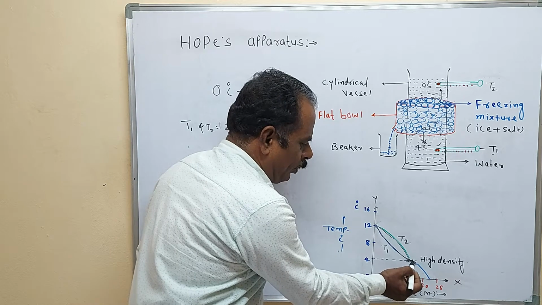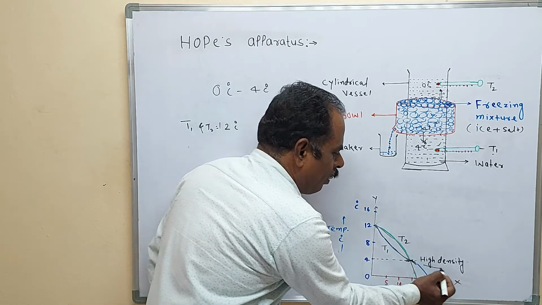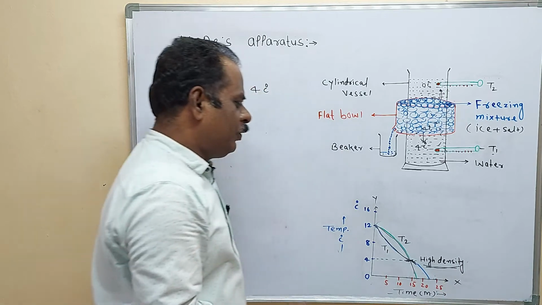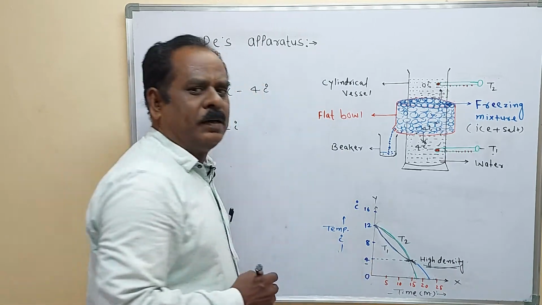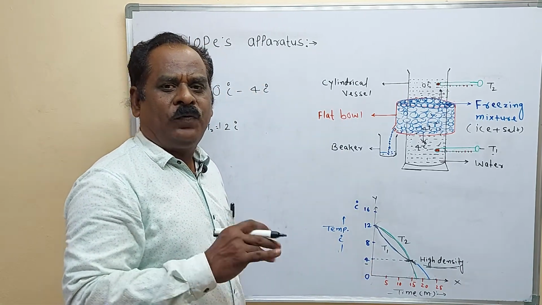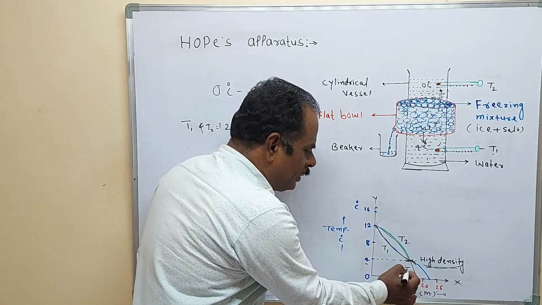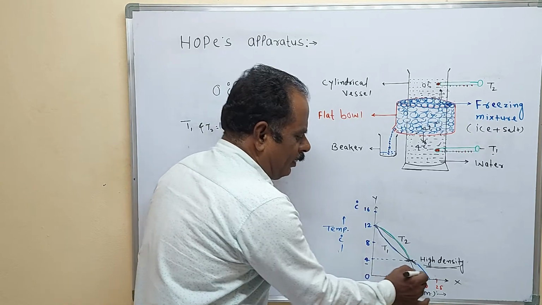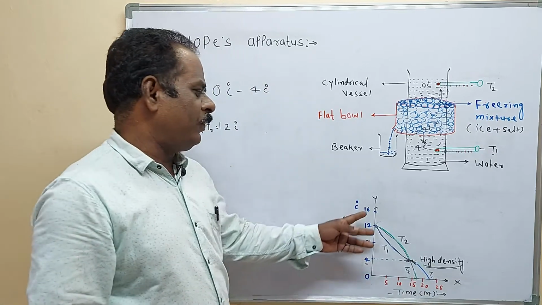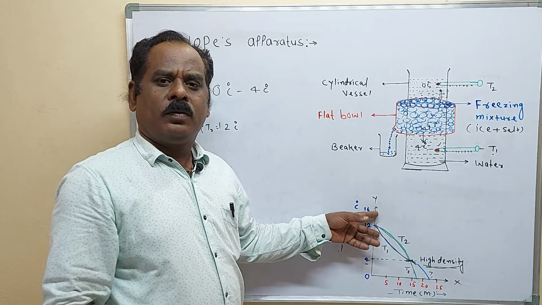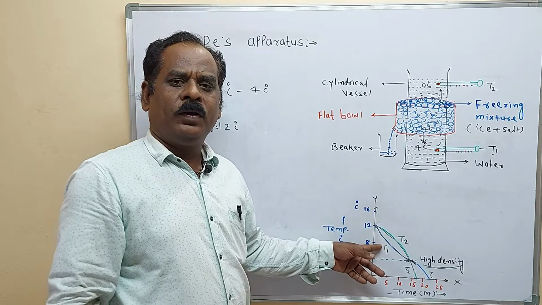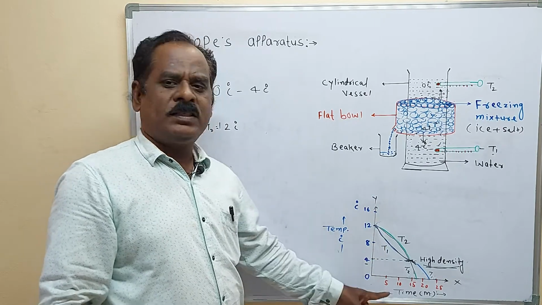At this intersection point, the density of water is very high. At which temperature? At 4 degree centigrade. After 4 degree centigrade, which temperature decreases? T2 decreases, then T1 decreases. We get such a graph if we plot temperature versus time.